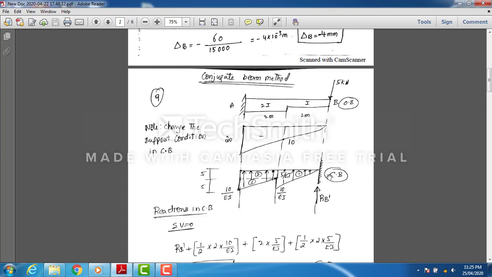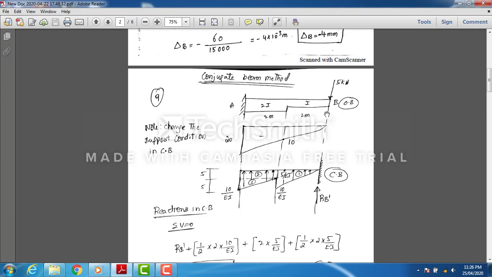When you are drawing the conjugate beam, we have to change the support conditions. In the original beam the end A is fixed and end B is free, but when you are drawing the conjugate beam you have to make the free end B fixed and the fixed end A free.